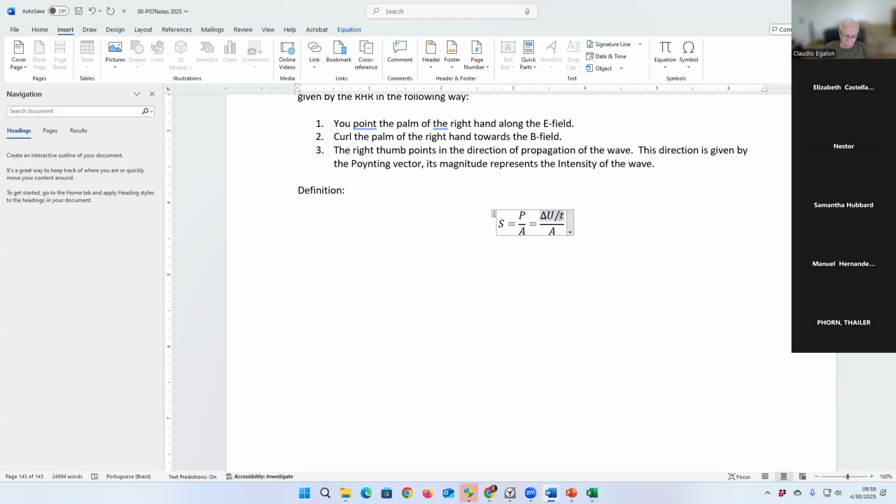Delta U over delta T. I'm going to do some neat mathematical trick here that's going to allow us to come up with a better equation for what you see right in here, okay?